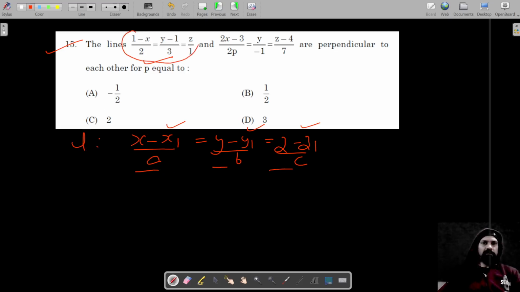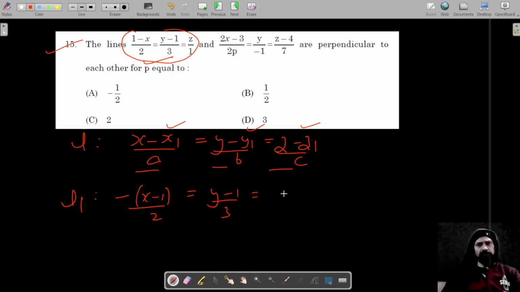So let's try to get these equations in the standard form. Let the first one be the line L1. Taking the negative out, we get x minus 1 by 2 is equal to y minus 1 by 3 is equal to z minus 0 by 1.